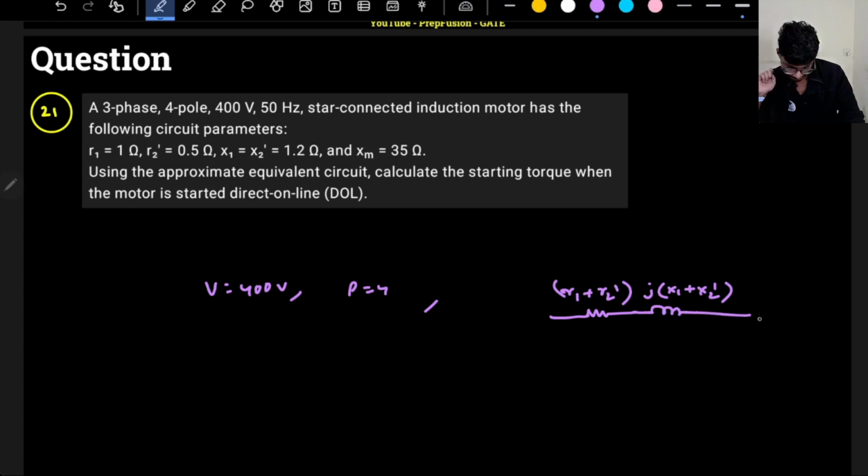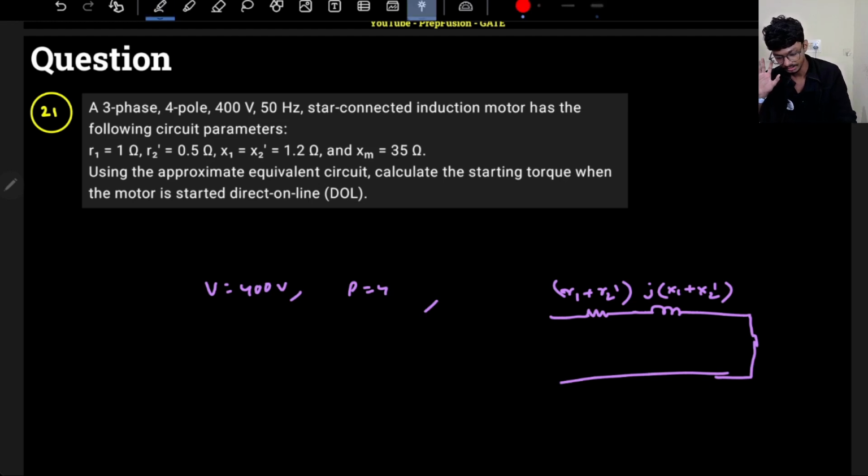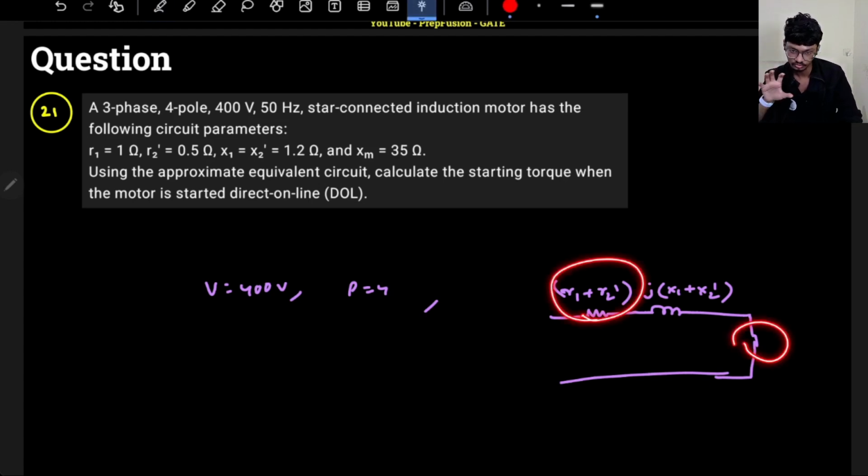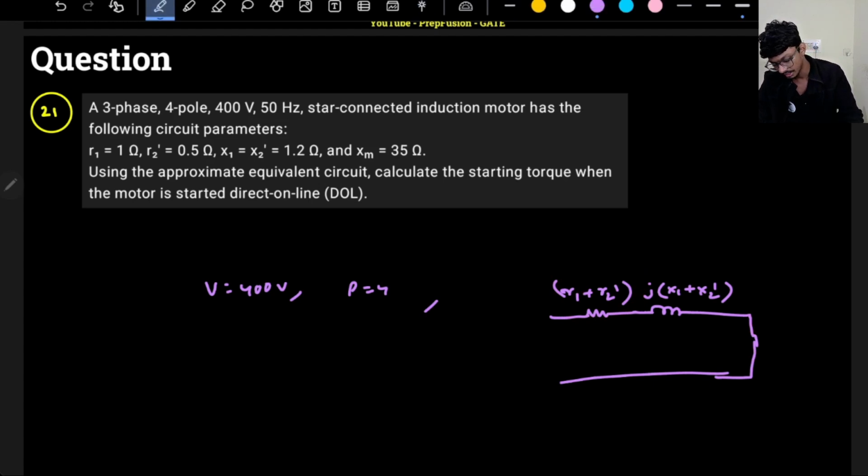Here I will have the load connected, because R2 dash is the overall thing. Overall resistance is R1 plus R2 dash. I hope you remember the model. And here I had XM, but I don't need XM actually. I can ignore XM because I'm applying the voltage over here.